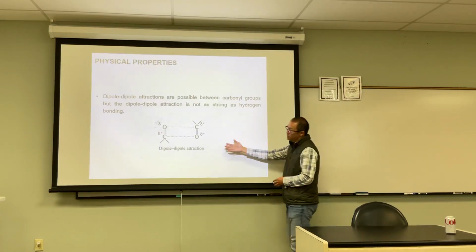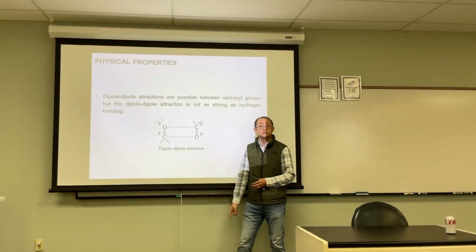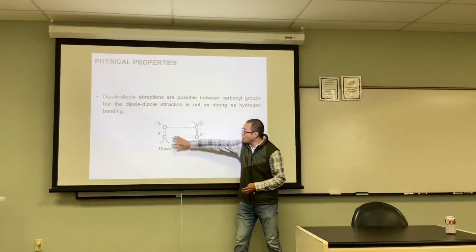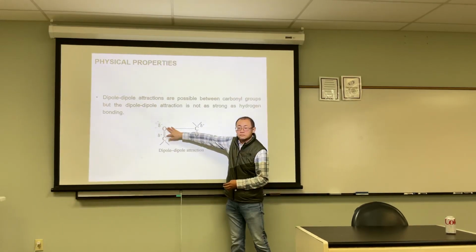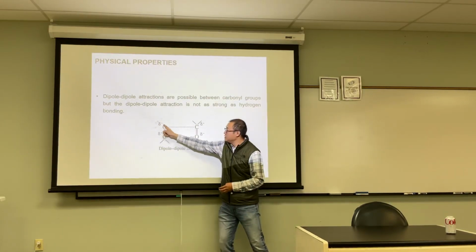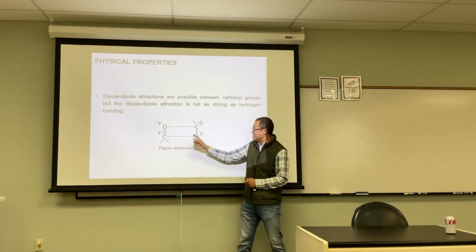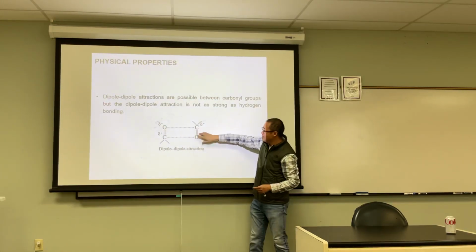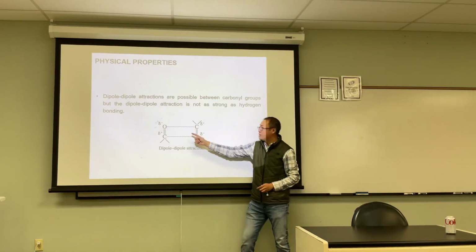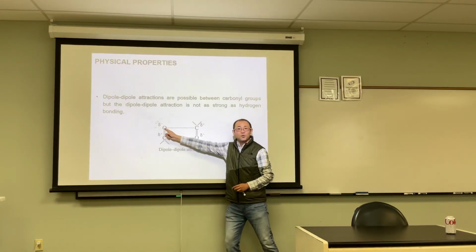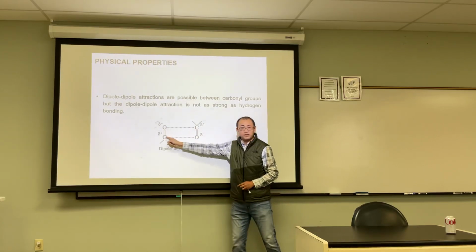And this picture shows you what polar means again. It shows 2 carbonyl groups. Polar means oxygen has a little negative charge and the carbon has a little positive charge. So if you have 2 molecules, they can interact like this: the carbon interacts with the O, and the O interacts with the carbon.